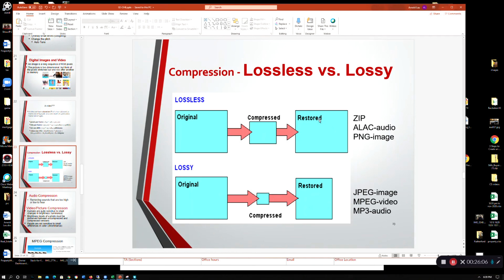So I compress to whatever version, I can always go back to the original and I won't lose anything at all. Lossy compression means I've taken some shortcuts and compressed it and I can never get back to the original copy that I got, that level of resolution. This kind of visualizes it better. So what's the difference, right?